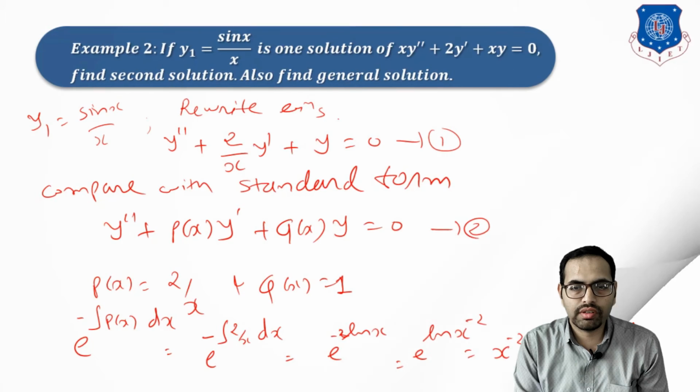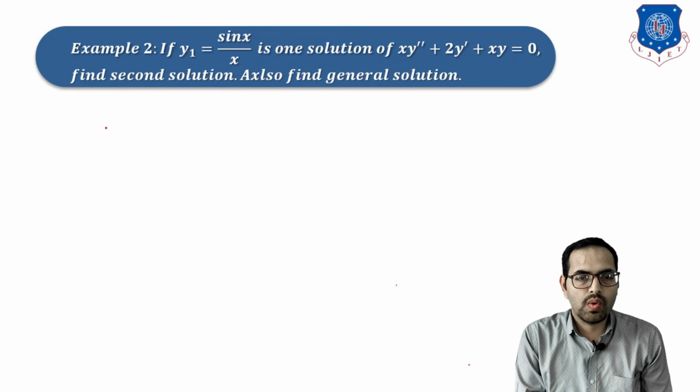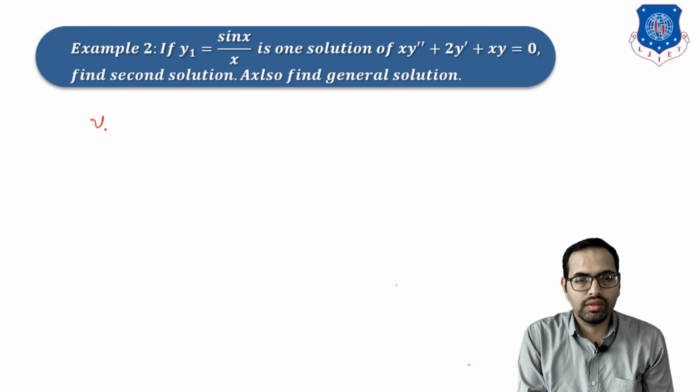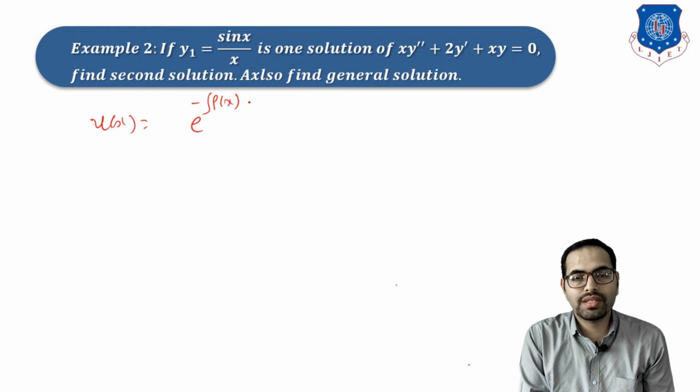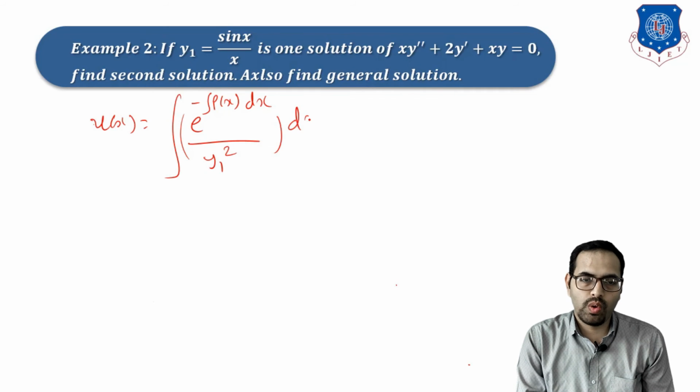We have the formula to find u of x, which is u of x equal to integration of e raised to minus integration p of x dx upon y1 square, with respect to x.